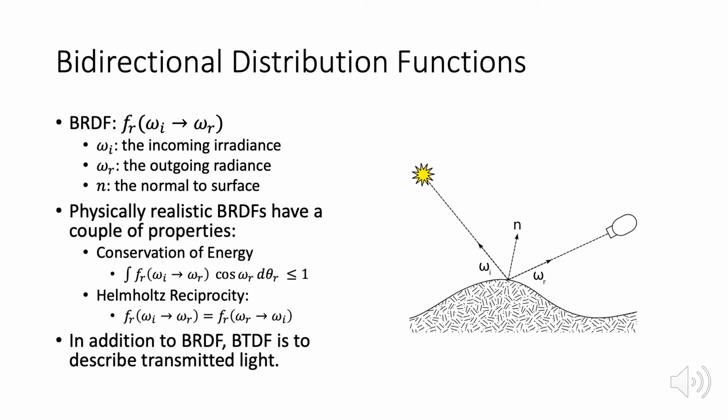The second one is today's main character, Helmholtz reciprocity. We will talk about its details later. Here it says, even if we reverse the light directions, the ratio will be unchanged, namely, the light transports in the same way. Mathematically, the BRDF is a symmetric function.